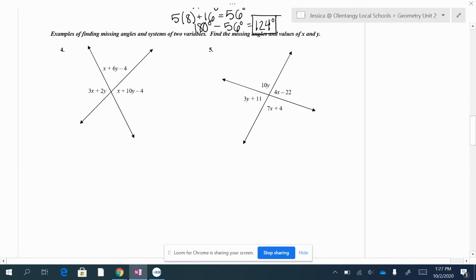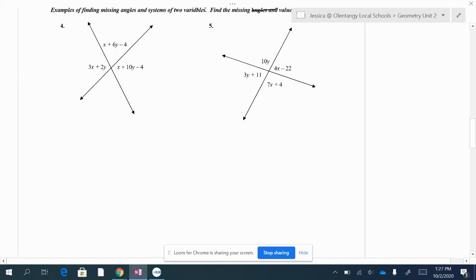All right, 4 and 5. So going through these, I would definitely try to recognize where your common variables are. Group together your x's and then group together your y's and try to solve based off of that. Looking at number 4, we have an x and a y in each expression, meaning we will not be able to do that, which is fine. So you need to create two separate equations, and from there, we are going to use systems of equations to solve.